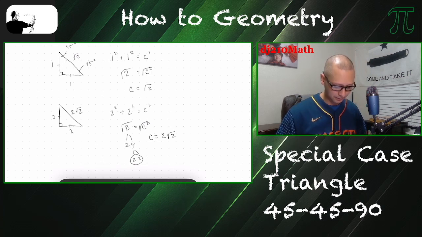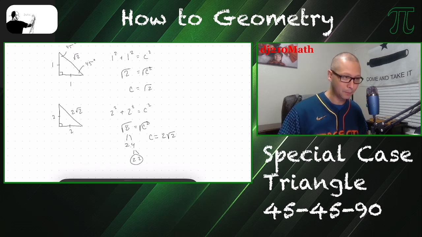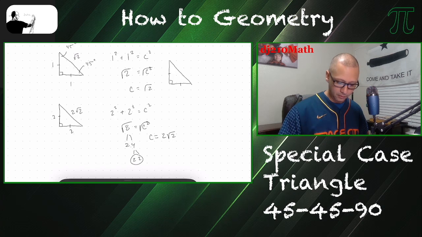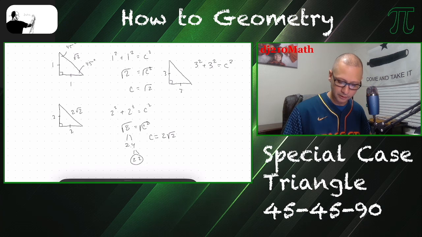The hypotenuse, that is. All right, let's look at a third example, and hopefully we can recognize some pattern. Okay, if we had side lengths 3 in a similar right triangle, 3 squared plus 3 squared is equal to c squared.